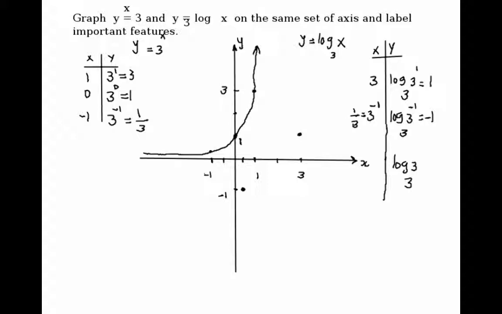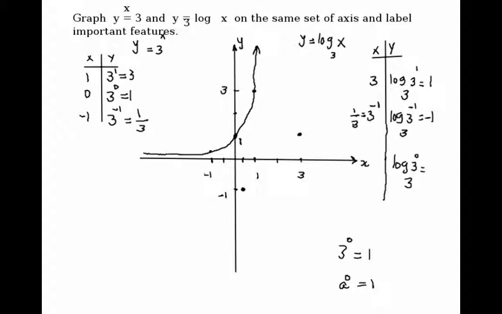Okay, so we want to have 3 to the power of 0. Does that work? What is 3 to the power of 0 equal to? No, 3 to the power of 0 is not equal to 0. Anything to the power of 0 is equal to 1, right? Great. So 3 to the power of 0 is equal to 1.